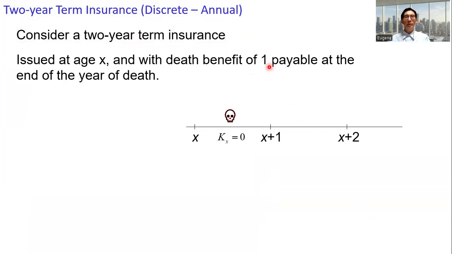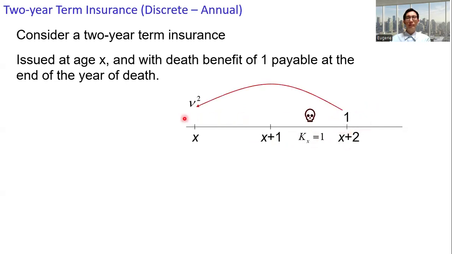If the individual dies before reaching age x plus 1, that is Kx equals 0, the insurer pays 1 and the present value is nu. Or else, if the individual dies between ages x plus 1 and x plus 2, that is Kx equals 1, the insurer will pay 1 at this time point and the present value is nu squared.